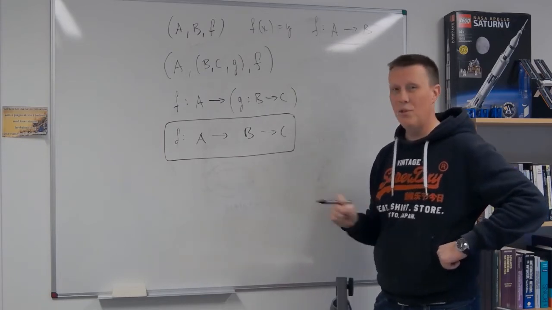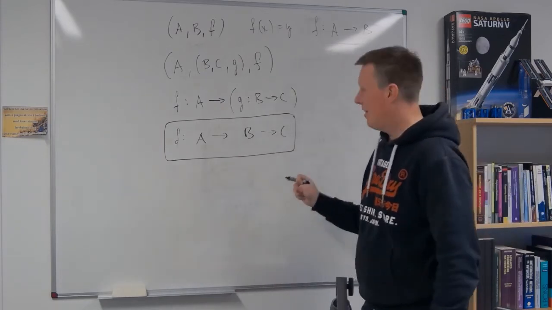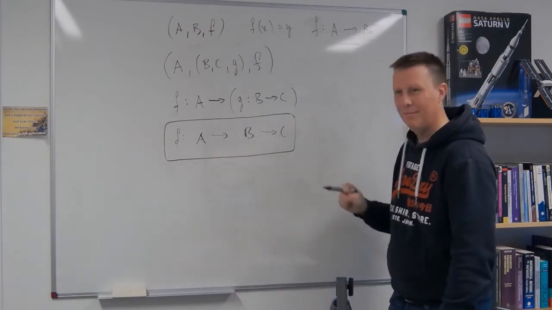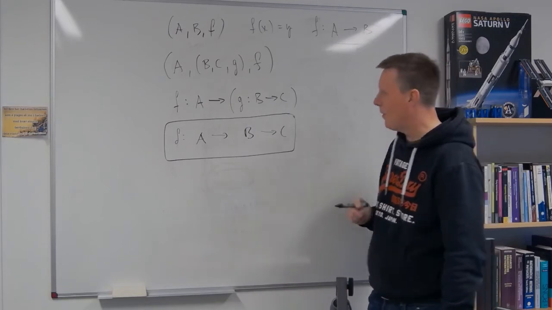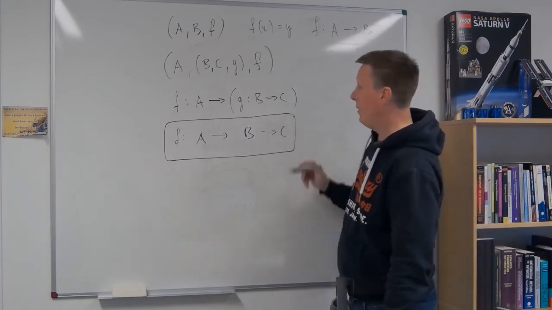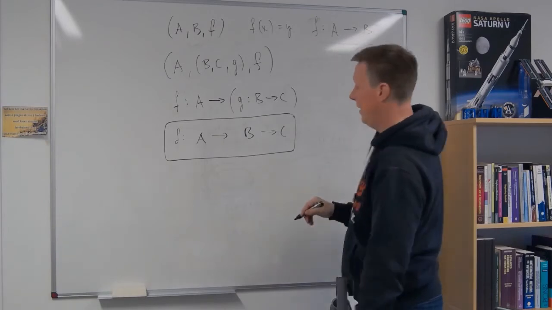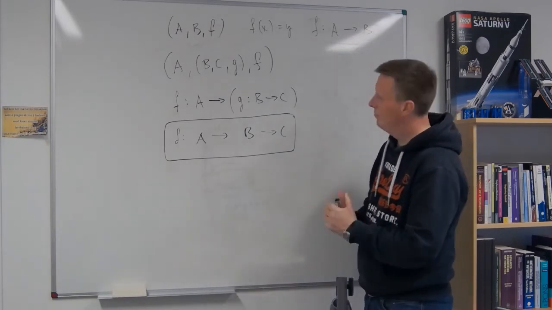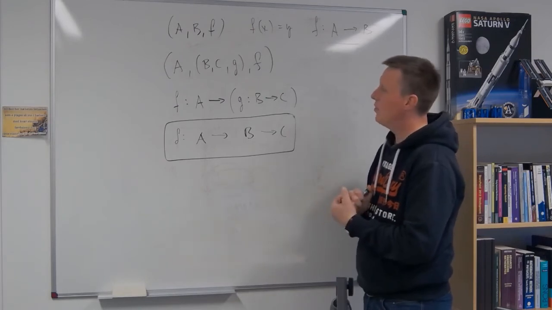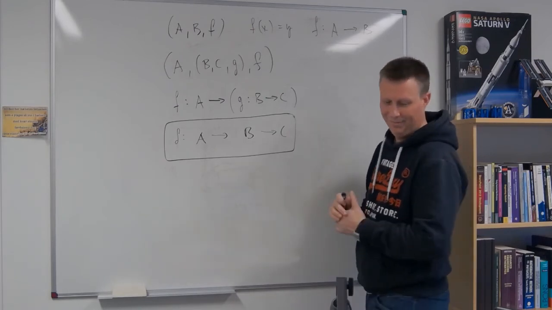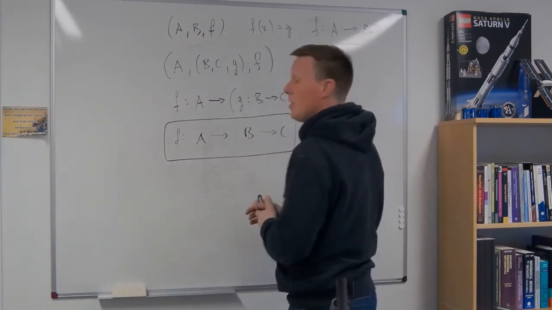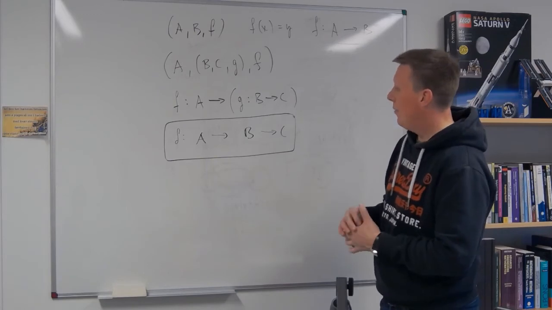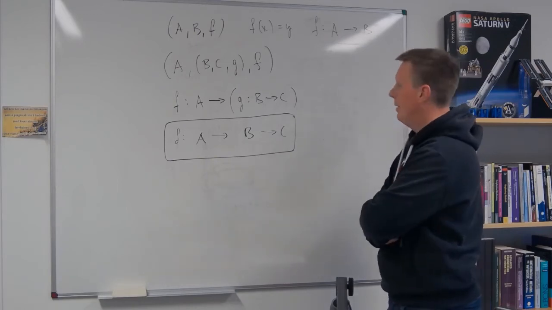A function of two variables is nothing but a function returning a function. You need to think about that for a little while, but that's really what happens. We'll do some examples of this very shortly. Now, interestingly, we can rewrite this.